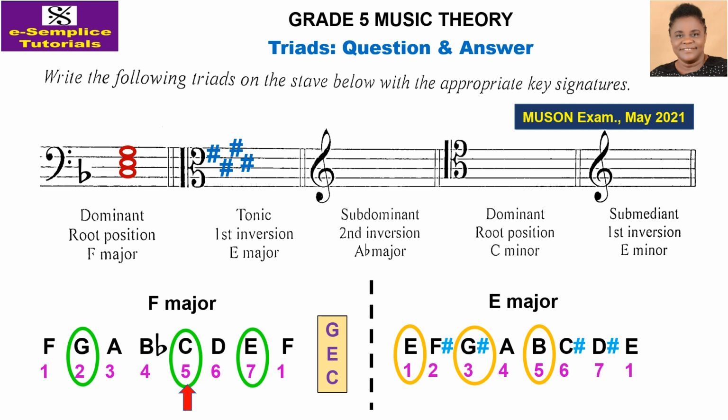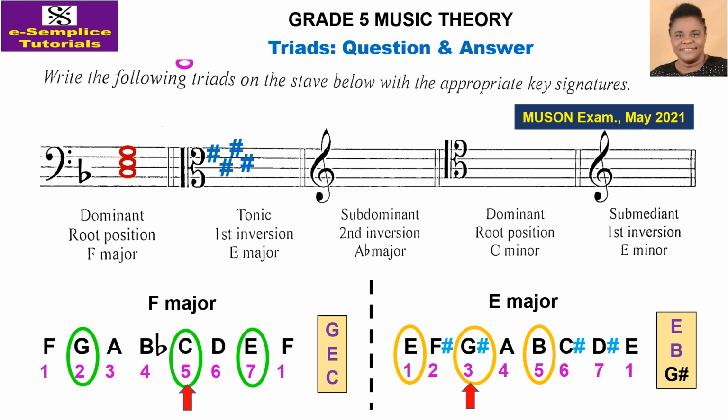If we stack, we are going to have E, G sharp, and B, but we are required to write the 1st inversion of that triad. 1st inversion means the 3rd will be at the root of the triad. So if we now stack, we are going to have G sharp at the root, a B following, then E on top. Now we can put this on the stave.